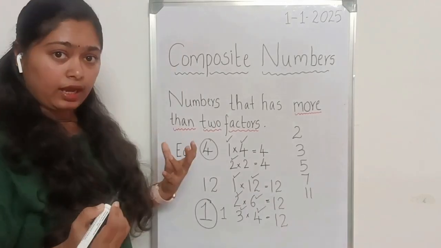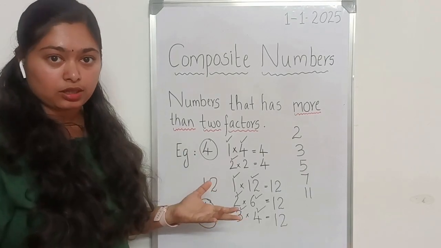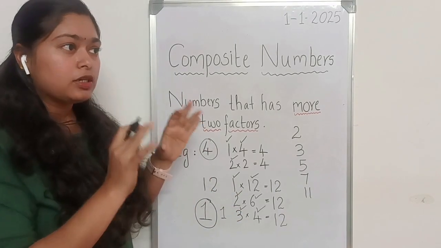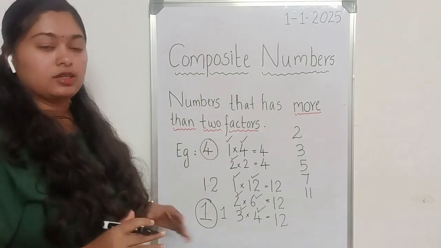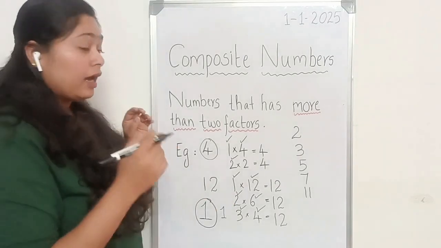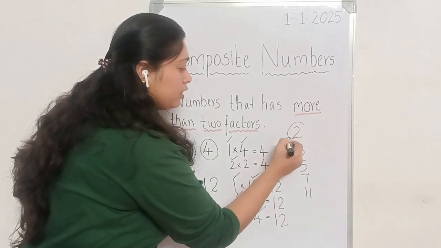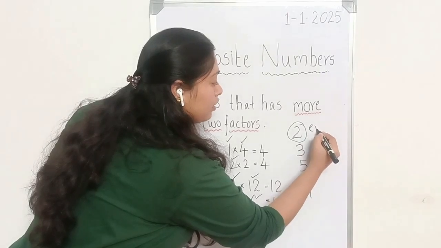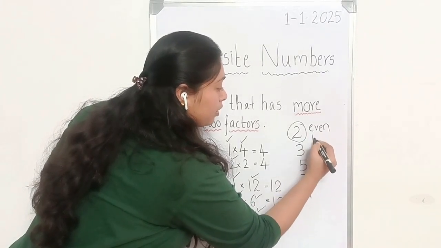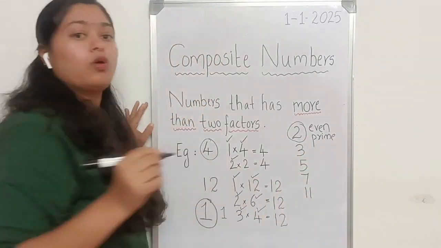So, you can try to find more prime numbers from the multiplication table. You'll see the numbers which appear only once in the multiplication table are prime numbers. And one interesting fact I'm going to add here is, you can see 2 is the only even prime. Other than that, all are odd numbers.